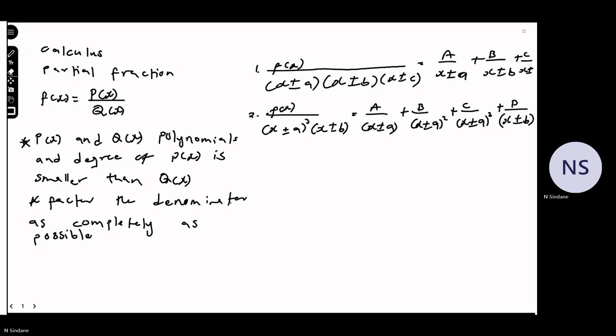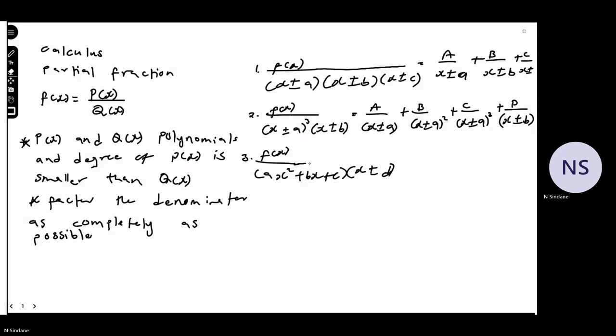And then 3, so now you're given f of x divided by a x squared plus b x plus c, and then we are given x plus or minus d, right?